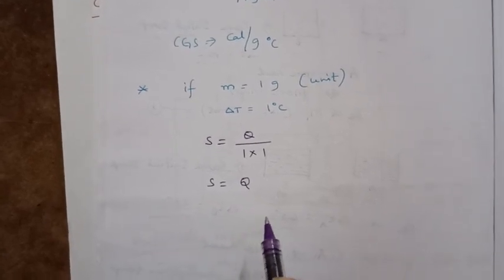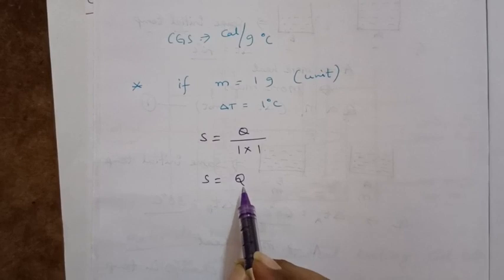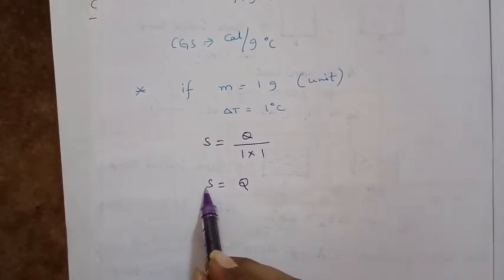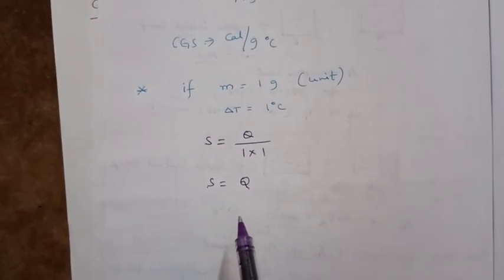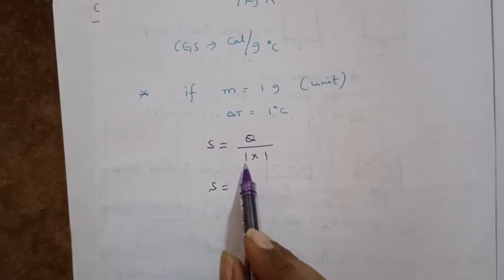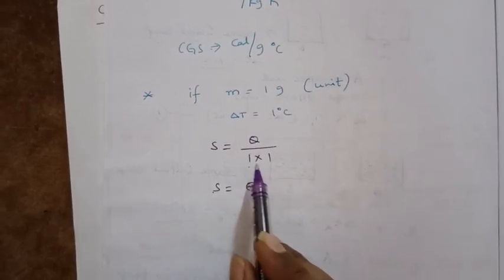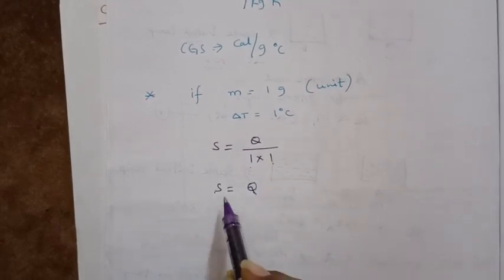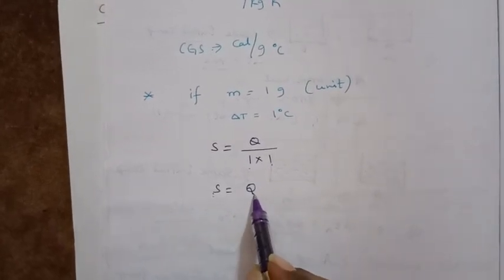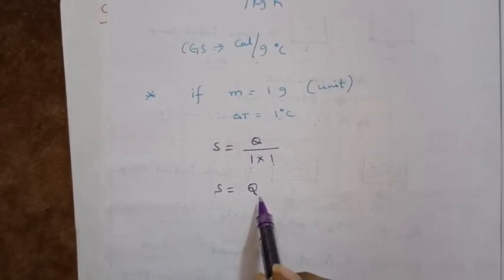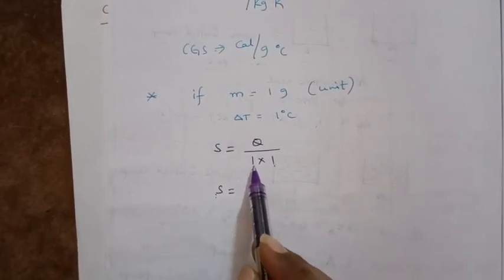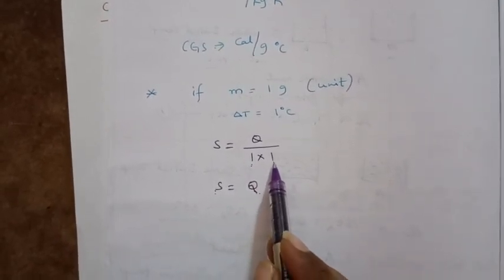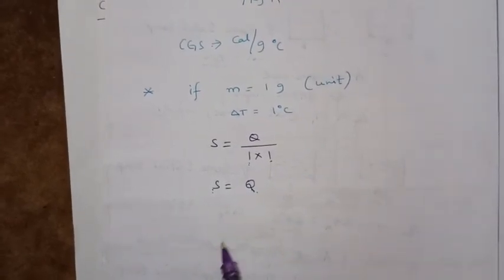Specific heat is equal to the amount of heat when the mass is unit and the change in temperature is 1 degree Celsius.